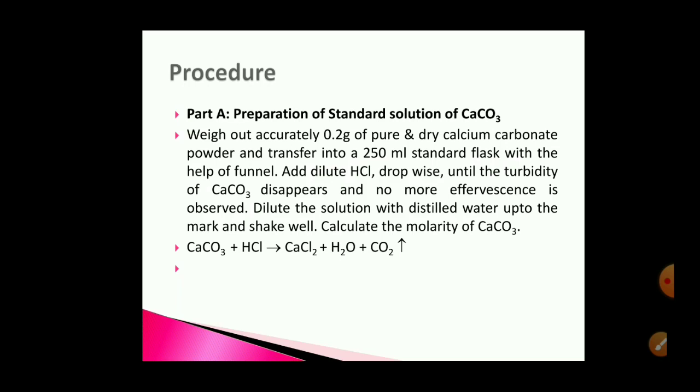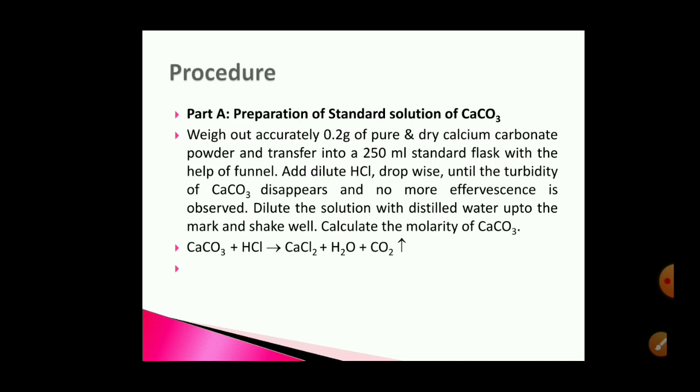Once the salt enters into the flask, we will be adding HCl into it drop-wise, and upon adding HCl, the reaction which is written on this slide is going to take place. CaCO3, which is insoluble in water, will convert into CaCl2, which is highly water soluble, and along with this there will be CO2 evolution.